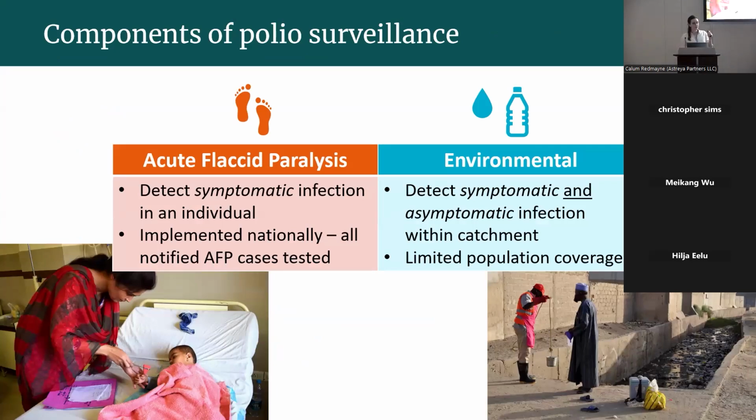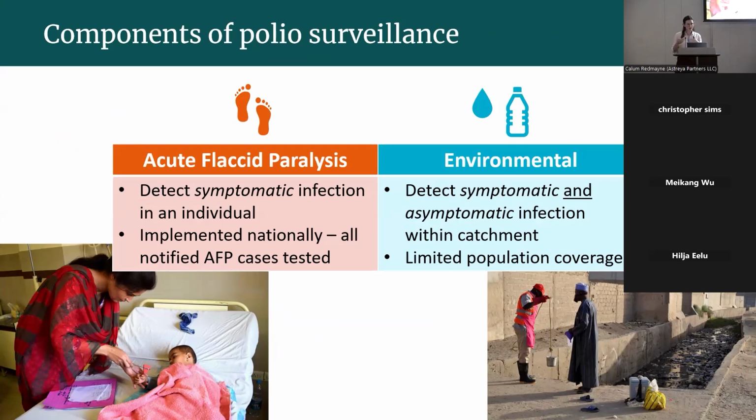So as I said, there are two key components to polio surveillance in endemic areas. So first, case-based, so the testing of stool samples from notified cases of acute flaccid paralysis among under 15-year-olds. And this, by design, can only detect symptomatic infection. So you're testing a population who are already presenting with clinical symptoms.